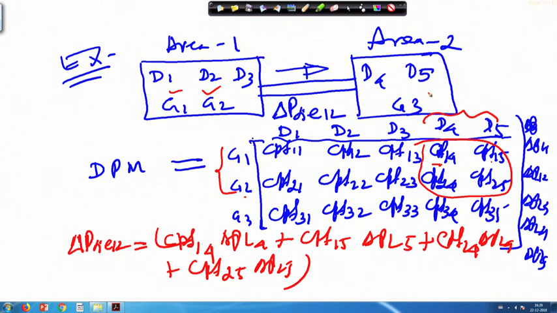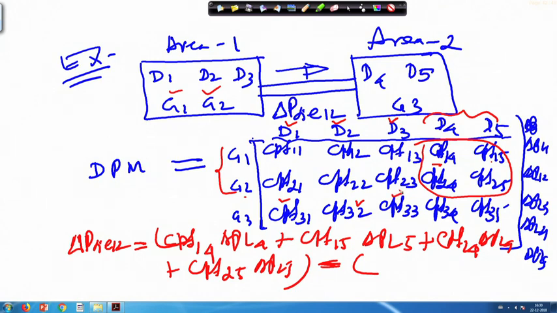Now, minus, because D1, D2, D3 have contract with G3. Power will go from this to that, so the resultant we take is minus, right. D1, D2, D3 are in area 1 and have contract with G3: D1 has contract participation factor CPF 31, D2 has CPF 32 and D3 has CPF 33, right.